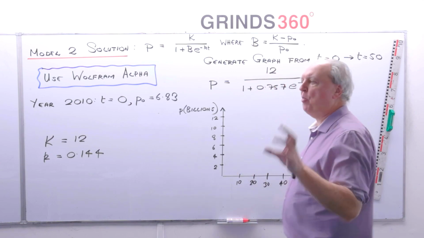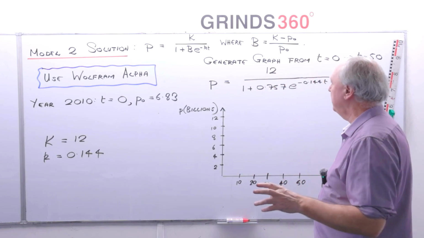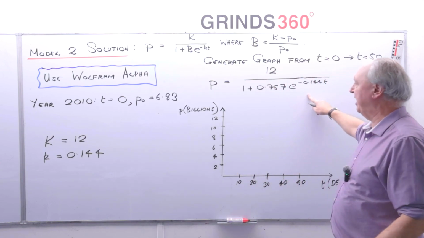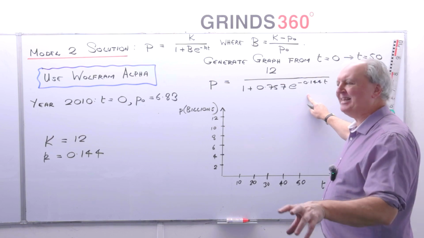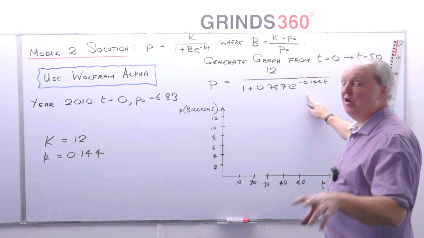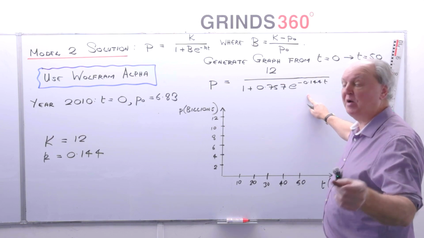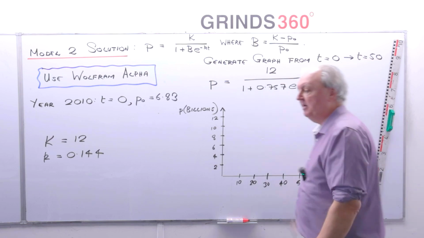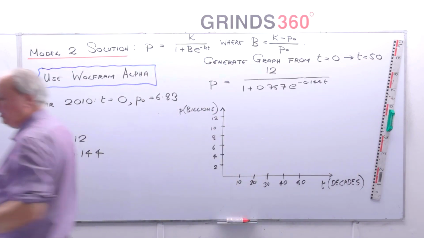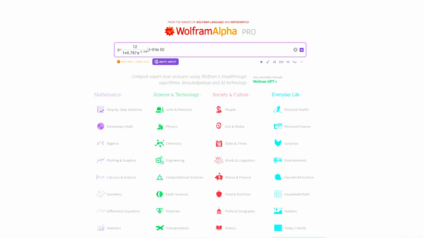And when it opens up, the very top box, I want you to put in that equation there. There's a little maths equation editor to do that, or you can use the code that I've given in the notes as well if you just want to copy and paste that in there. So let me have a look at what Wolfram Alpha will do for me. So there's my Wolfram Alpha, and there's my equation typed in, and I'm going to play that now.